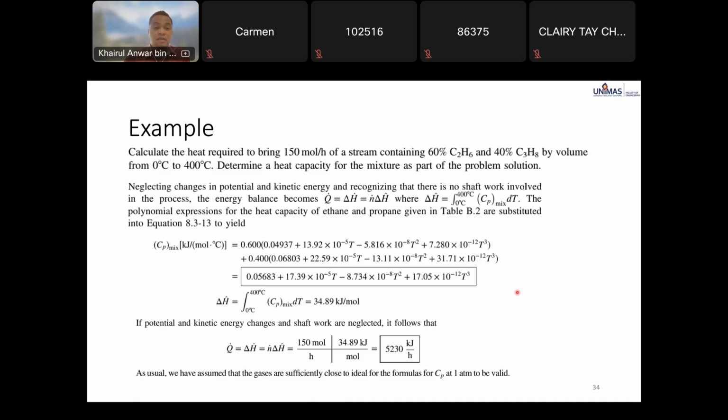Example: calculate the heat required to bring 150 mole per hour of a stream containing 60% C2H6, ethane, and 40% C3H8, propane, by volume from 0 degrees C to 400 degrees C. Determine a heat capacity for the mixture as part of the problem solution.